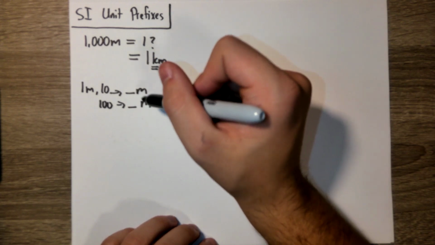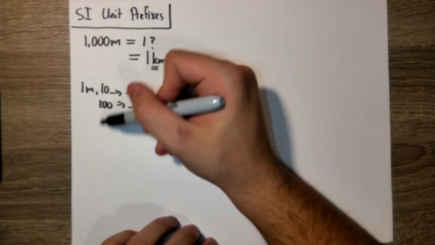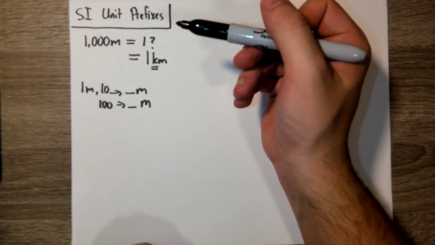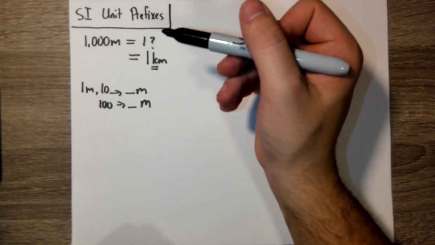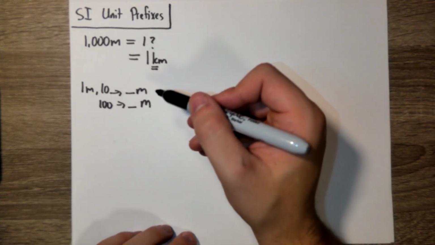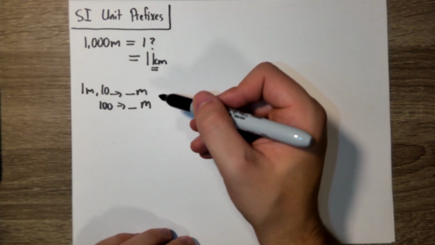And so on and so forth. You can go higher in magnitude or lower in magnitude, and you have different prefixes for each factor of 10. Or put in another way, every decimal place has a different prefix.